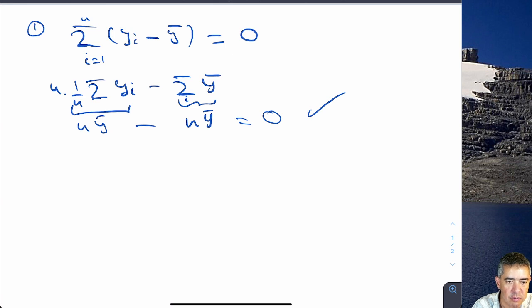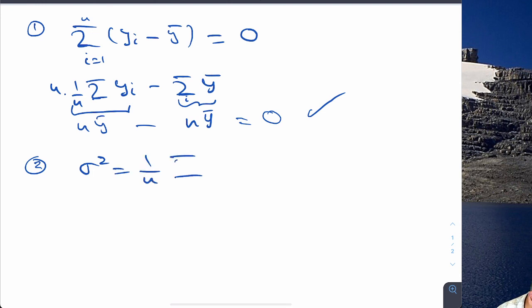The sum of deviations around the mean is always equal to 0. The mean is precisely the value that does that job. It is in the middle of your values, such that all of those differences add up to exactly 0. And the second one is simply the definition that I want you to remember of the sample variance, which is equal to the sum from 1 to n of y sub i minus y bar, squared.